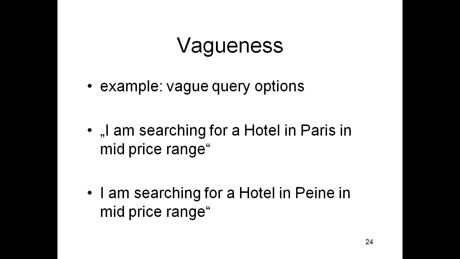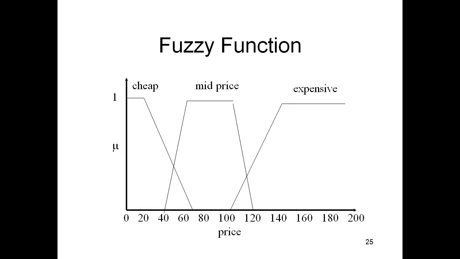And for that we can use fuzzy sets. We can have fuzzy functions for these vague expressions like cheap, mid-price, or expensive. Then we make a definition, say, well, in this context, Paris, or in a context, Peine, whatever, we can debate about that, that means something different.